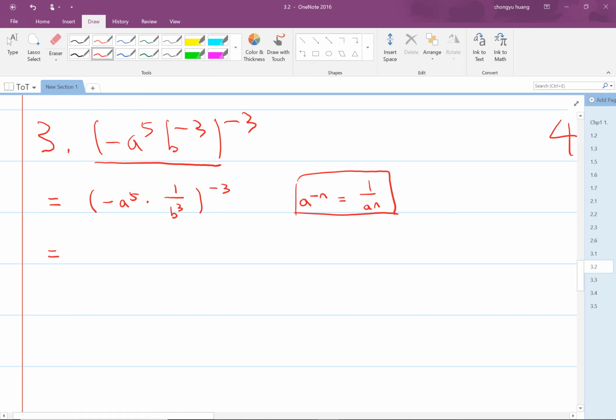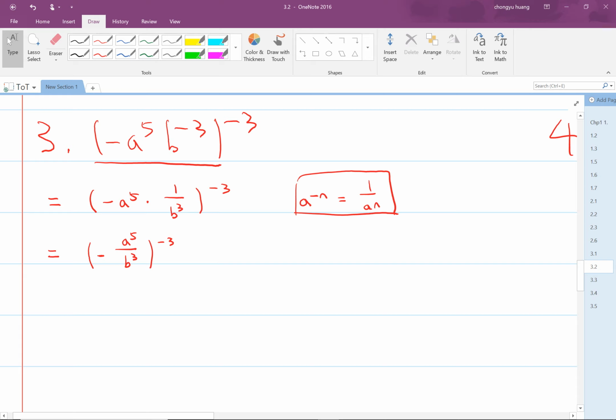We have to simplify a little bit more, right? So basically we have negative a to the power 5 at the top, and b to the power 3 at the bottom, and then a negative power outside the bracket.